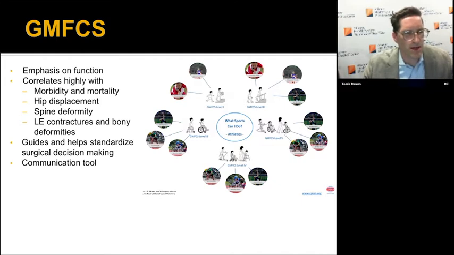It helps guide and standardize surgical decision-making and is an essential tool in communication both within clinicians and researchers. It allows us to compare different patients and their outcomes in response to treatment, both within a certain GMFCS level and between GMFCS levels.